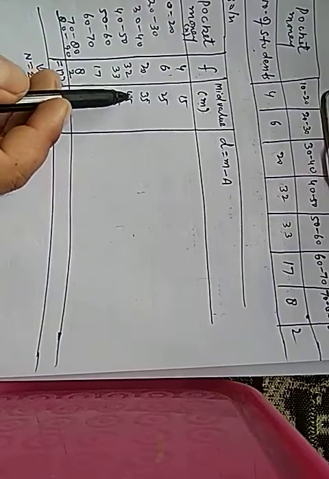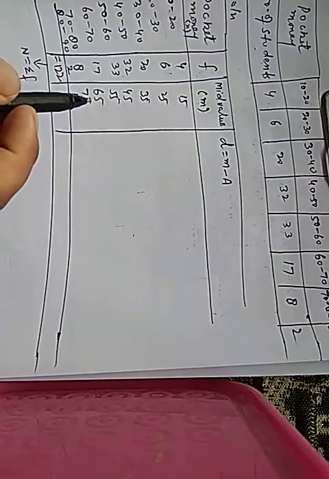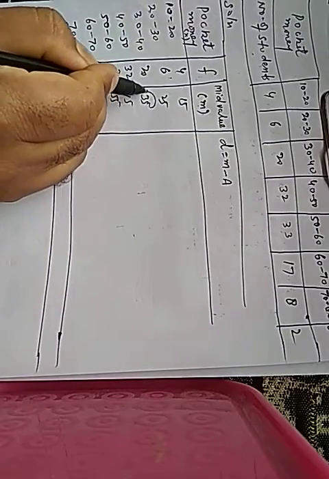Assumed mean we can take from these mid values or any other value which is not given in mid values. Suppose we take the assumed mean from these mid values equal to 35, where a is equal to 35.